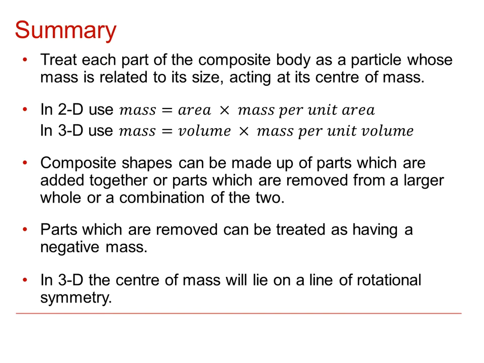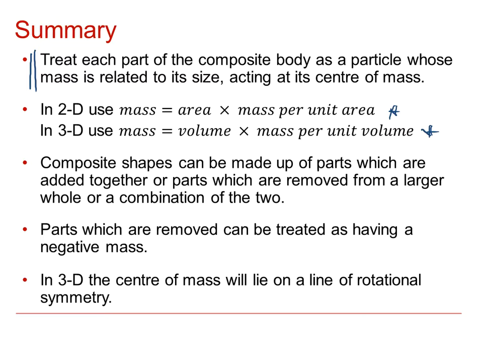In summary then, to calculate the center of mass of a composite body, we treat each part as a mass at its center of mass and relating that to the size of the object. So for 2 dimensions we'll use a mass per unit area, and in 3 dimensions a mass per unit volume.